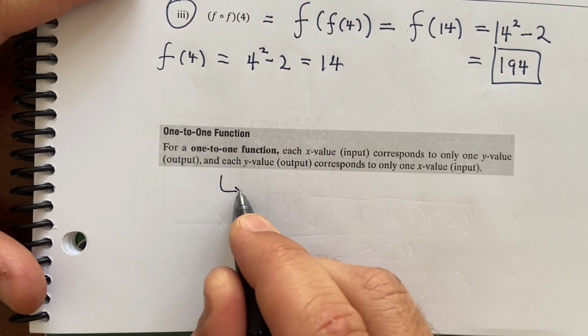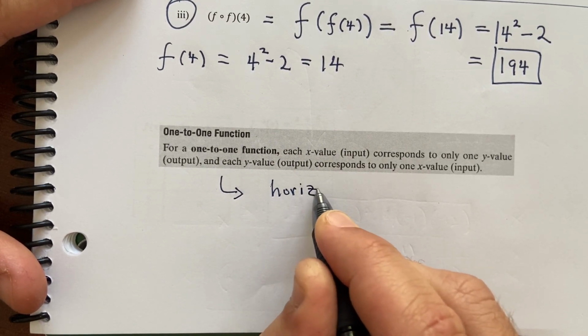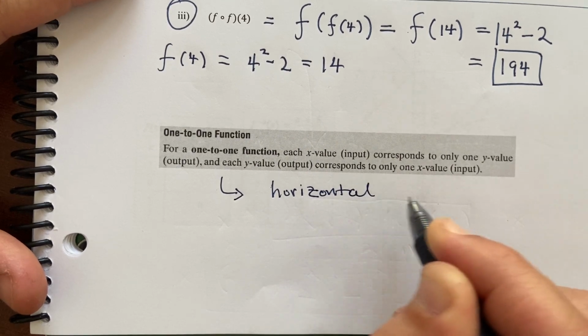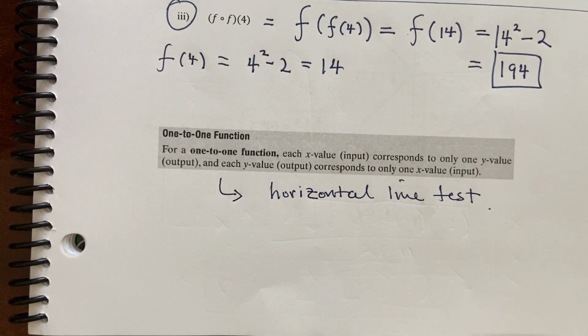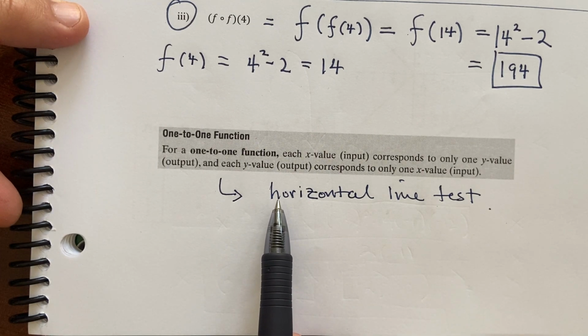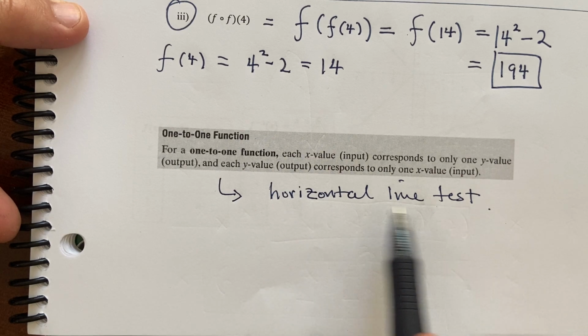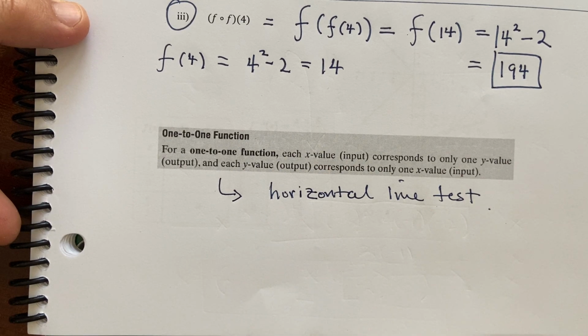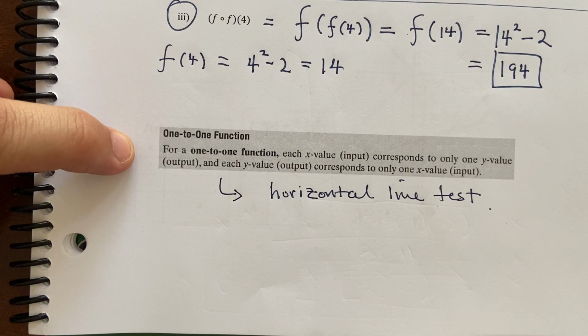This idea corresponds to what is a horizontal line test. So if a function passes a vertical line test and then goes on to pass the horizontal line test, then that function will be a one-to-one function. The thing about one-to-one functions is when we're looking for inverses, only one-to-one functions have inverses.